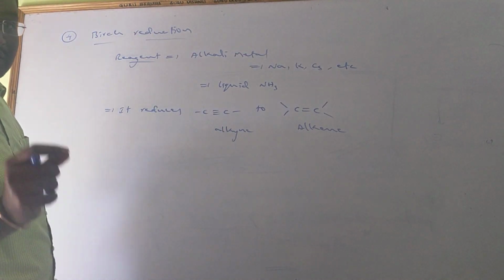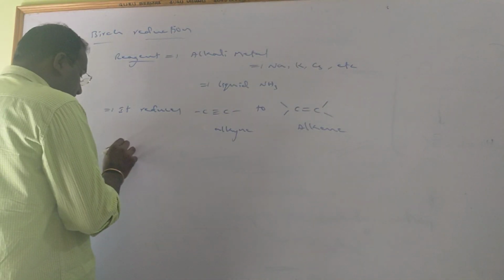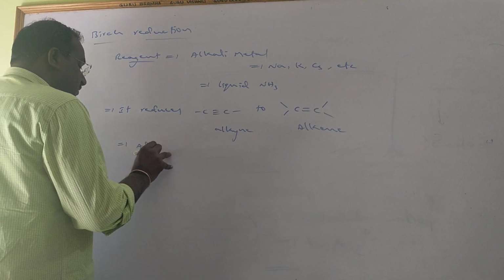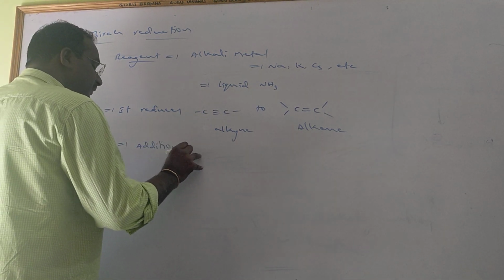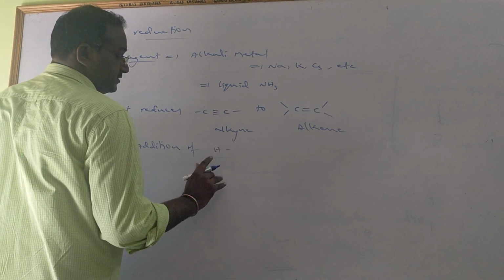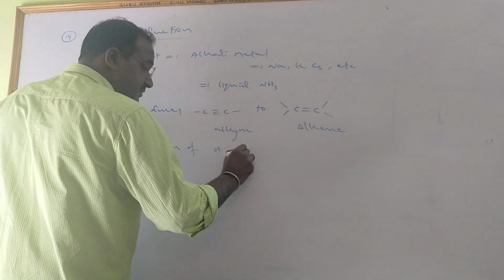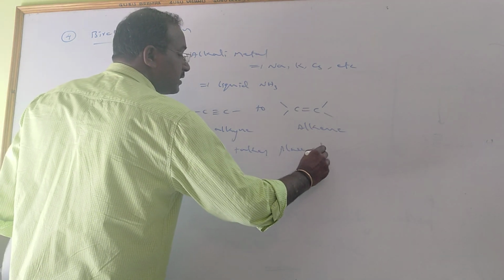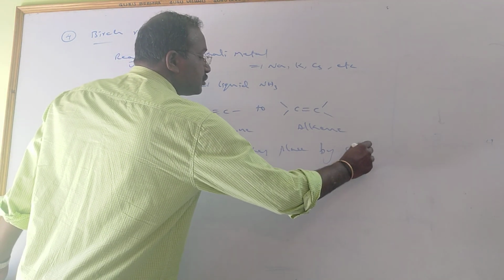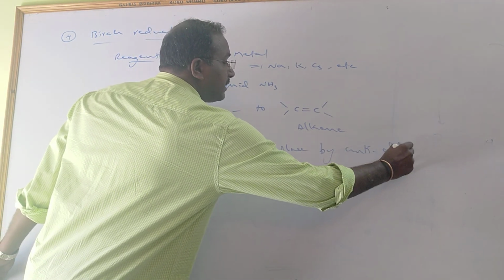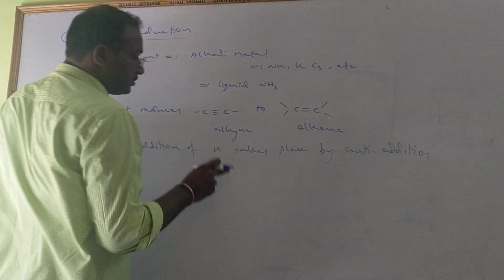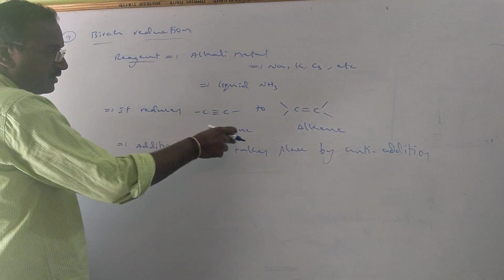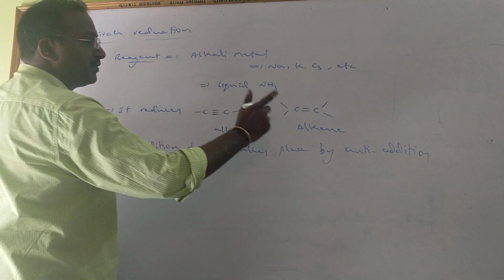And here, one important point: addition of hydrogens takes place by anti-addition. Anti-addition means what? One hydrogen attaches from this side, another hydrogen attaches to the other side.